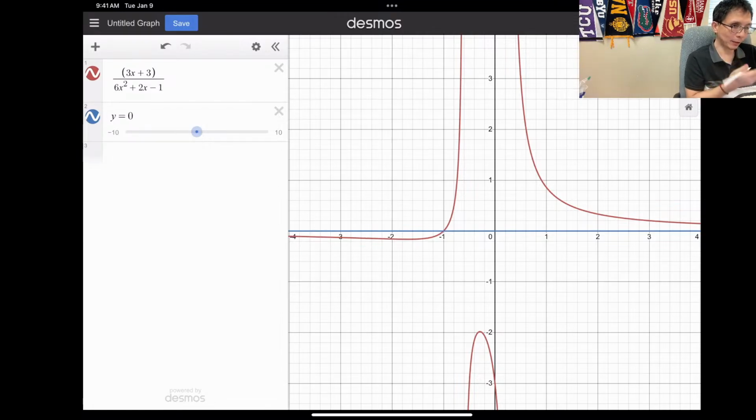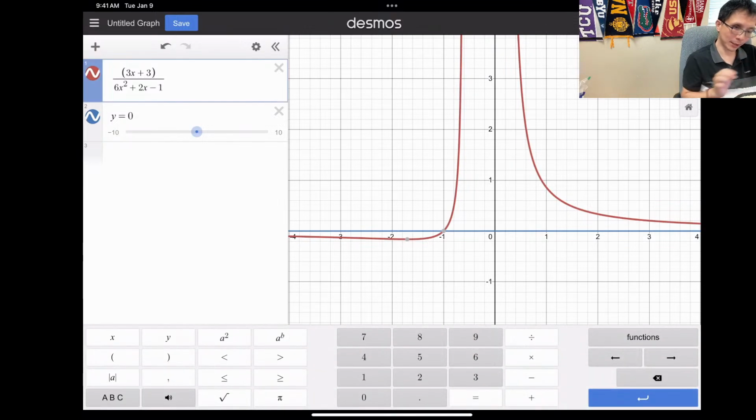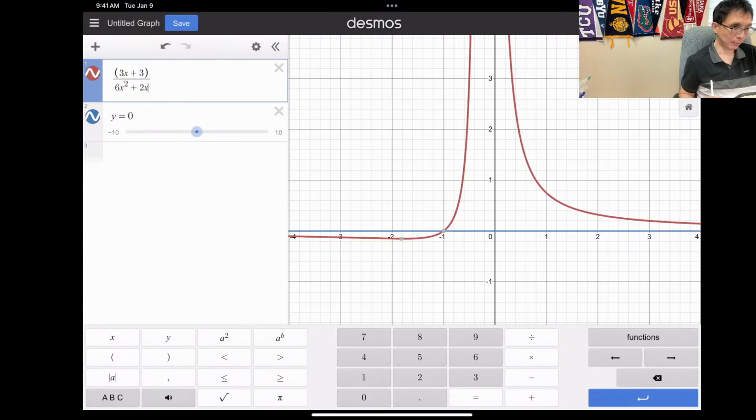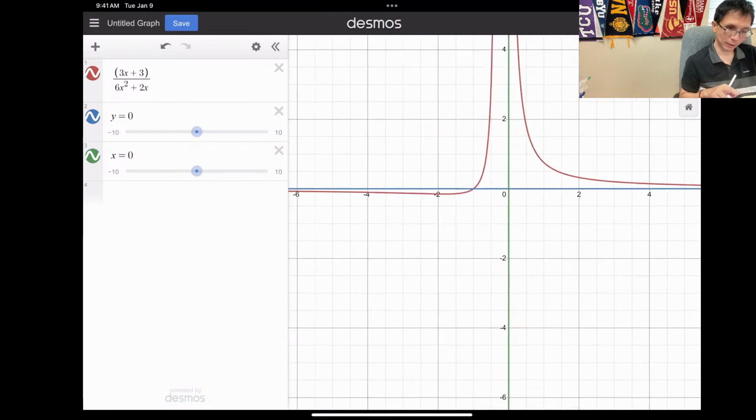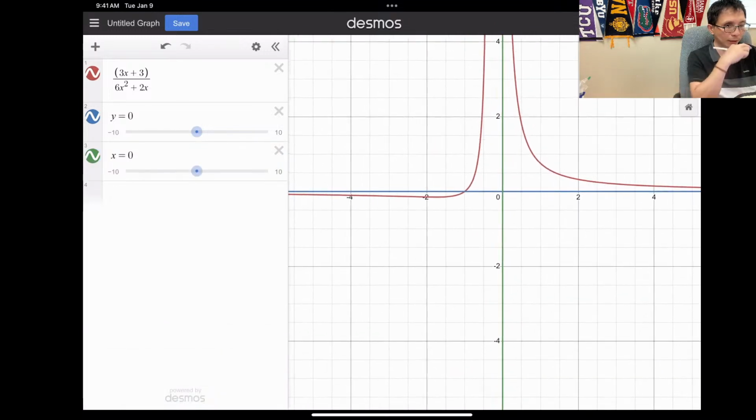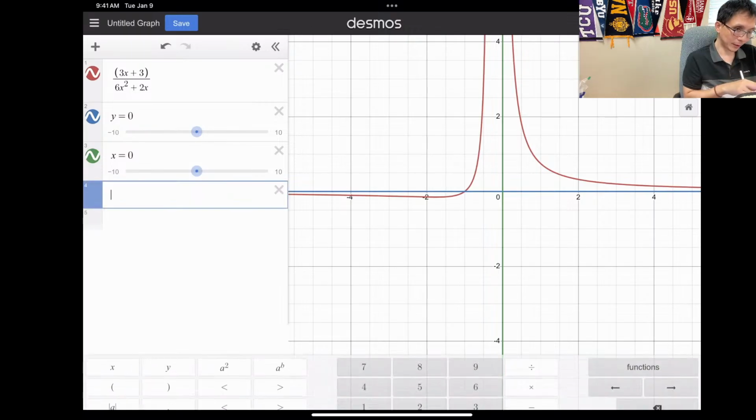I don't know what it is, but you have the quadratic formula to find it. But just say I change this to maybe 2x, so I can find out the vertical asymptote. Where's the vertical asymptote anyway? x equals 0, right? If you factor out 2x, it's going to be 3x plus 1, so x equals negative 1/3.